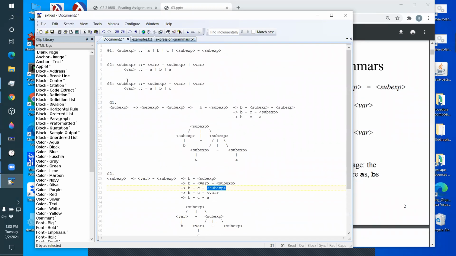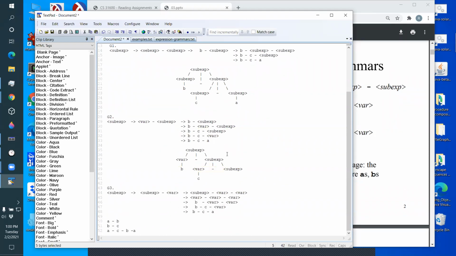We went up here and we've said sub-expression is a there. So this one now expands just to there. And then there gives us the A. Okay. So we get a very different shaped tree.